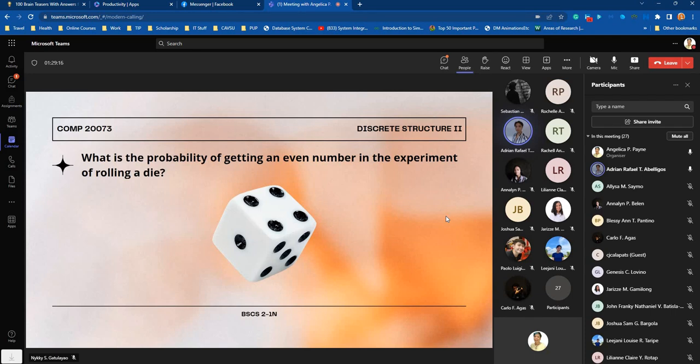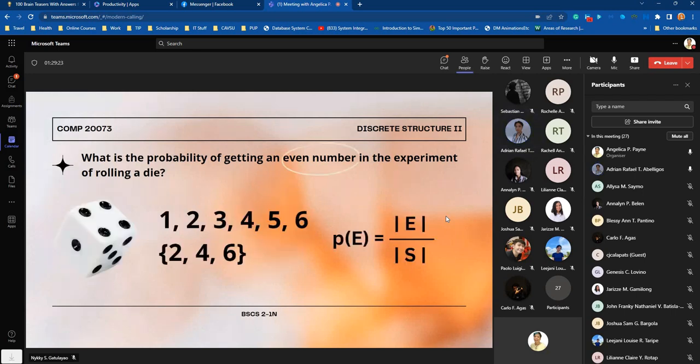So, ito po yung ating keyword. Sa ating die, pag niroll natin, there are 6 possible outcomes: 1, 2, 3, 4, 5, and 6. The even numbers are 2, 4, and 6. So, ilan yung number of ways natin na lalabas na even number? Merong 3. Then, ilan yung possible outcomes na pwedeng lumabas? There are 6.